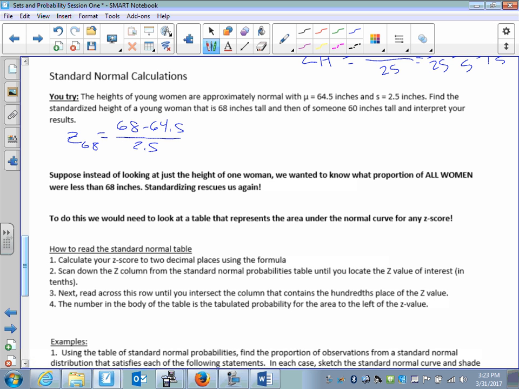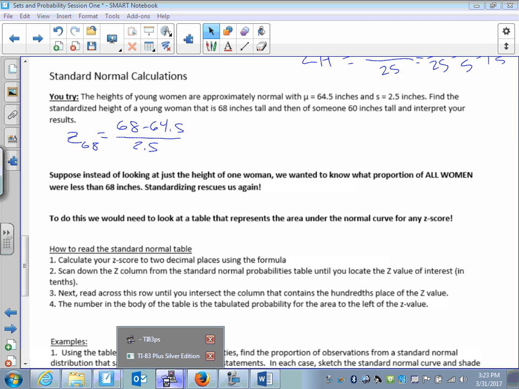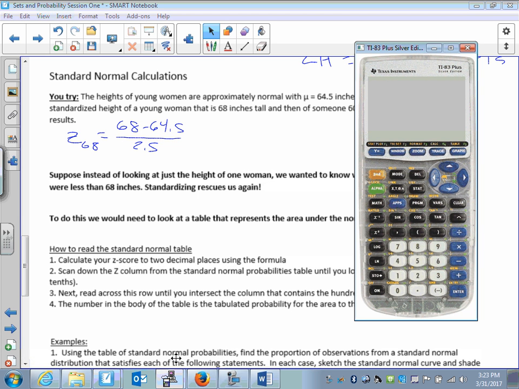Now I'm just going to call up the calculator and actually do that on the calculator. I get, in parentheses, 68 minus 64.5. Oops, that's not a point. 0.5 divide 2.5 and enter. We get 1.4.